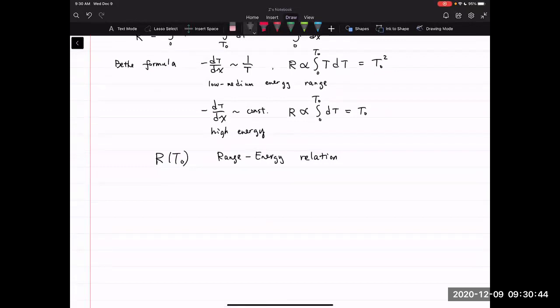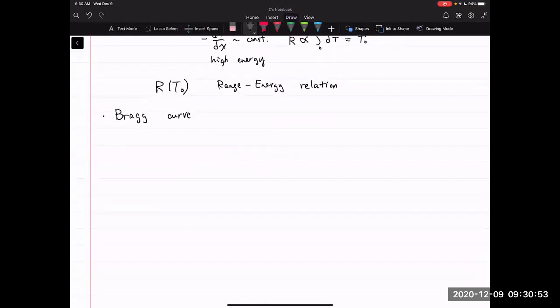Related to this, we can plot the so-called Bragg curve. The Bragg curve is when we plot the stopping power not as a function of T. Previously we plotted the stopping power, minus dT over dx, versus T, the kinetic energy of the incident particle. Now we can plot this as a function of x, the depth of the material.